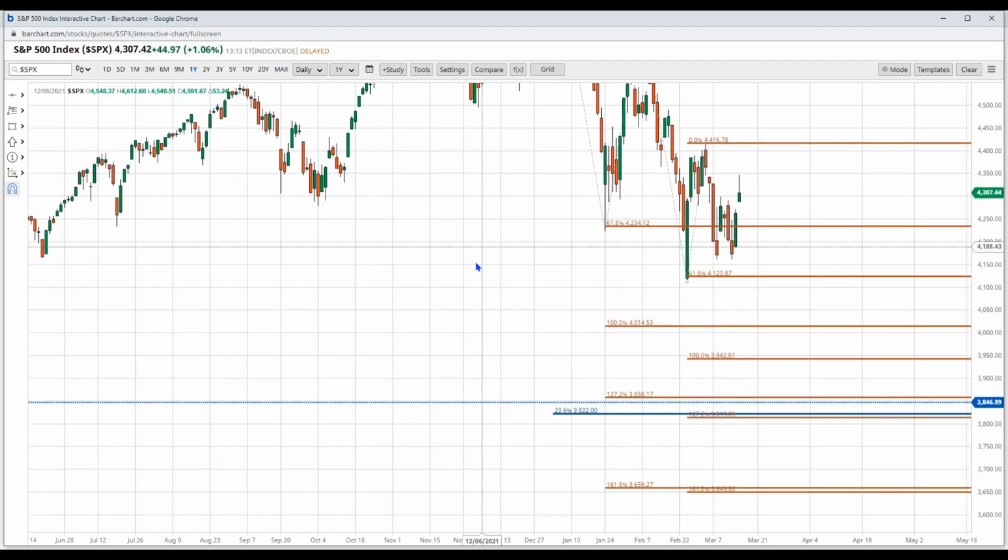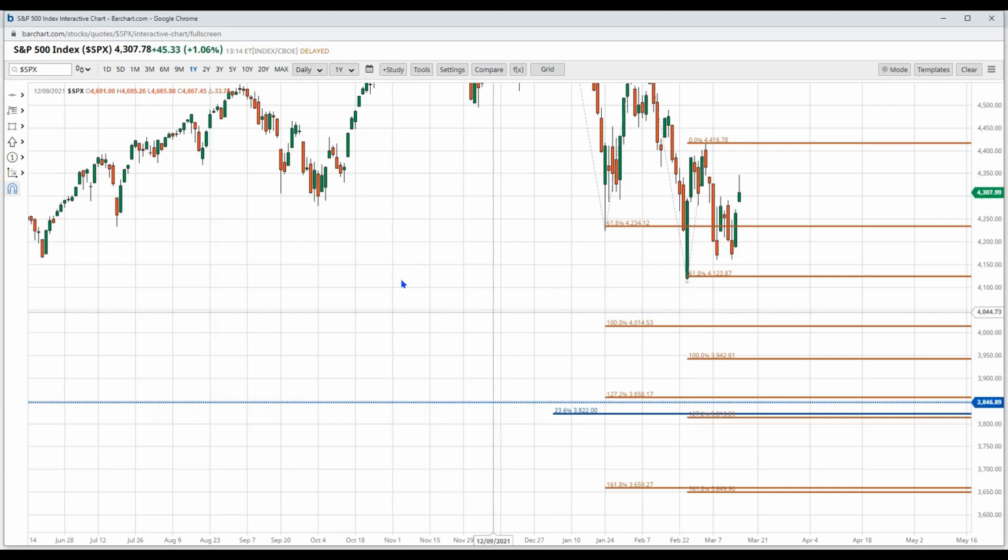So for instance, in the case of the S&P, let's say I'm thinking this is an area where I want to start buying the market, or looking for a buying opportunity. There might be some risk in here, a lot of risk in here. So I'm going to show you some techniques as we move forward today, how we can refine this area as an objective area for entry.